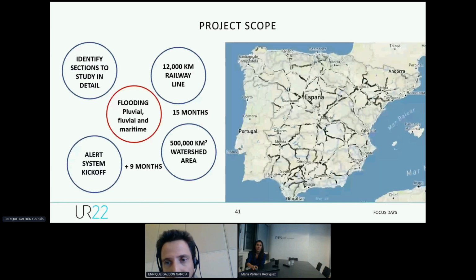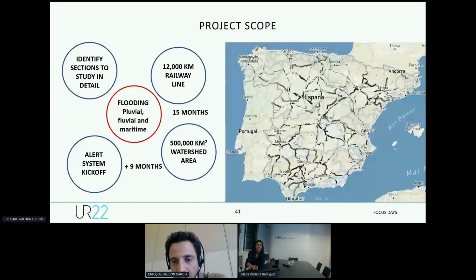Watersheds are not just around your asset, in this case the railway network, but influence a much bigger area. What I want to highlight is that we had to address almost 500,000 square kilometers of watershed area, which is huge, and it implied a challenge to be completed in 15 months.